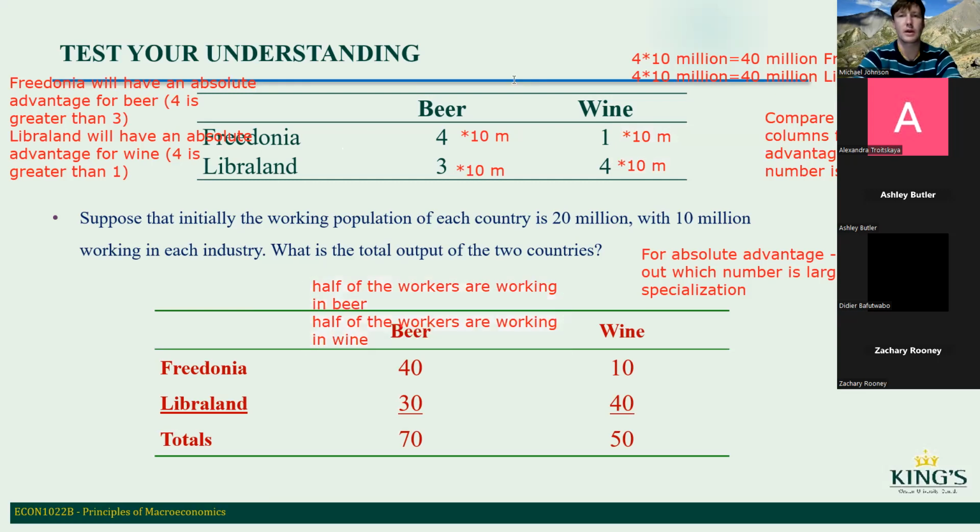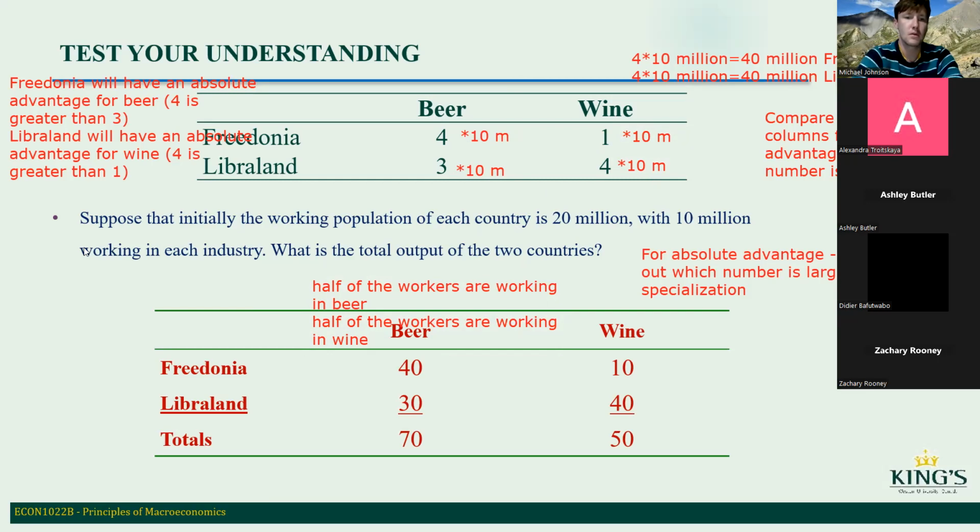So for the next question, I think all of the workers will be working in one or the other. So we would take 20 million times beer and then 20 million times wine.